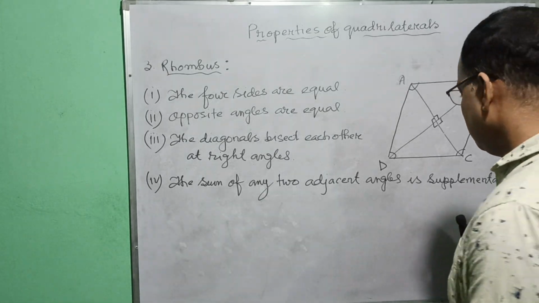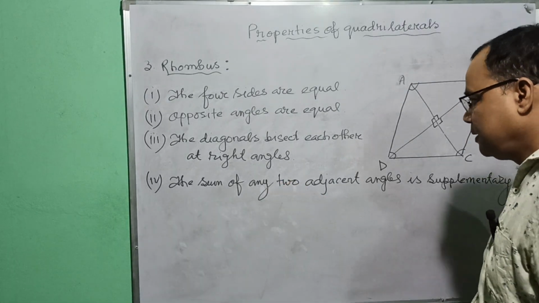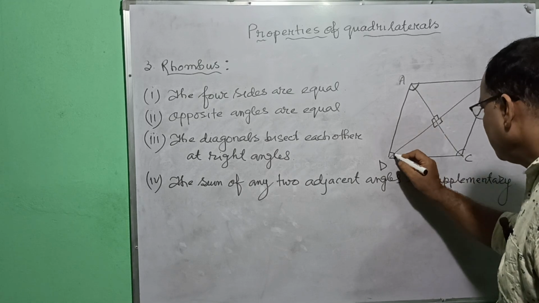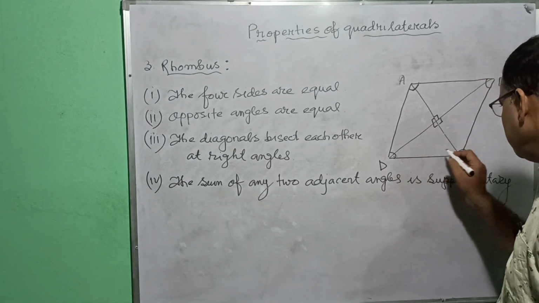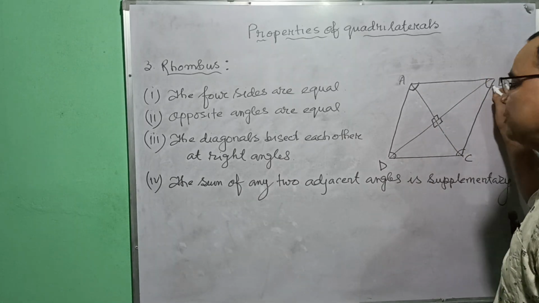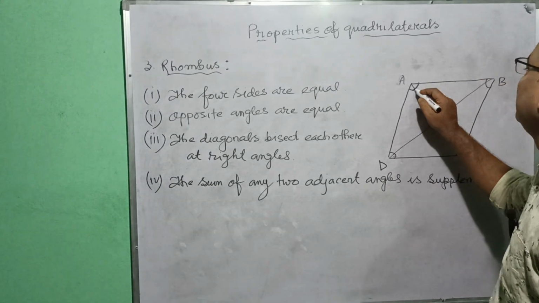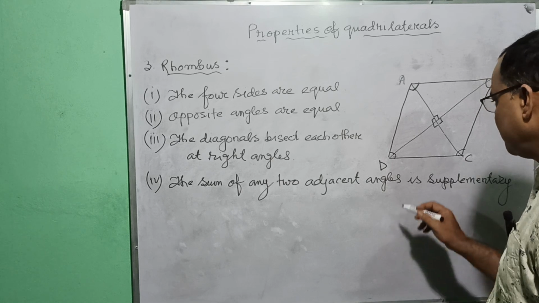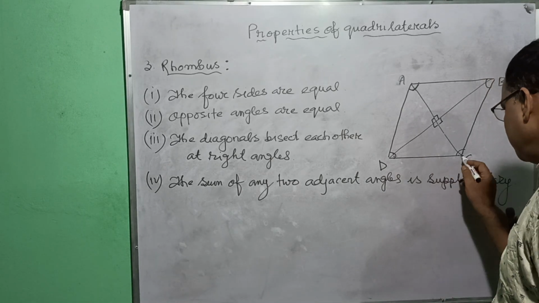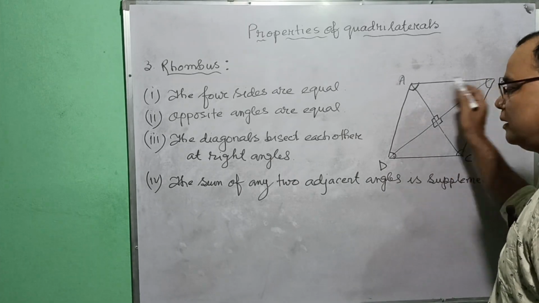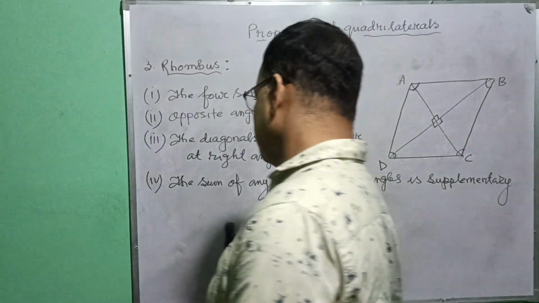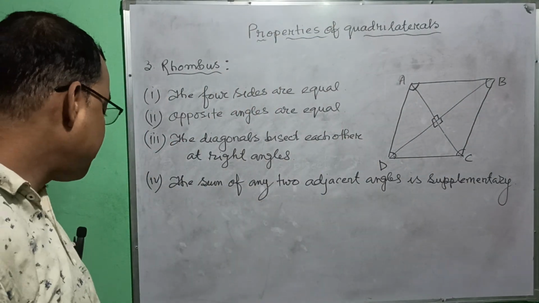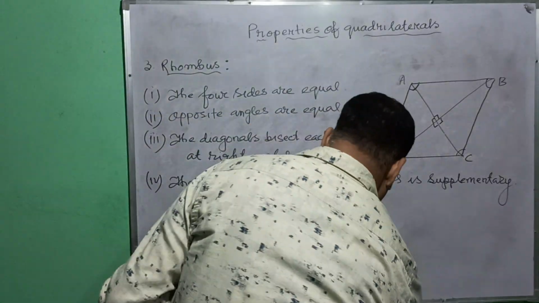It is 180 degrees. Angle A and D are adjacent, D and C adjacent, C and B adjacent, and A and B adjacent. It means A plus D is 180, D and C also 180, C and B also 180, A and B together is 180 degrees. So these are the four important properties of a rhombus.